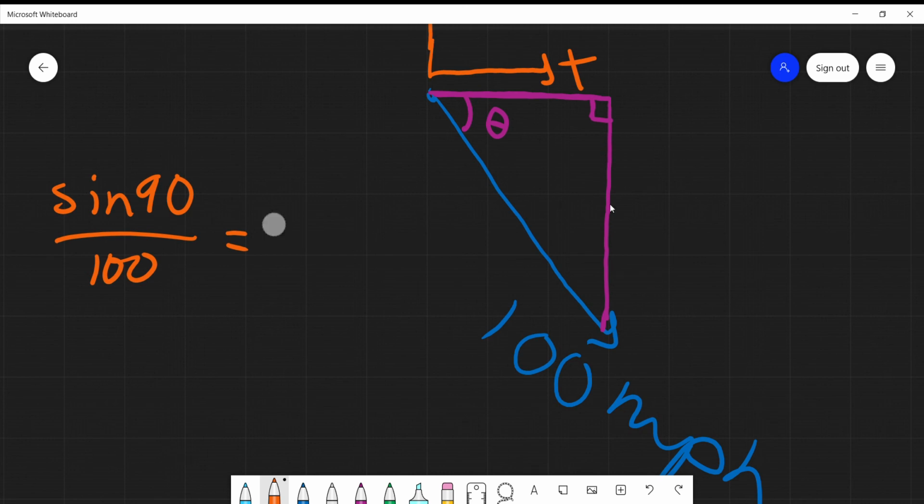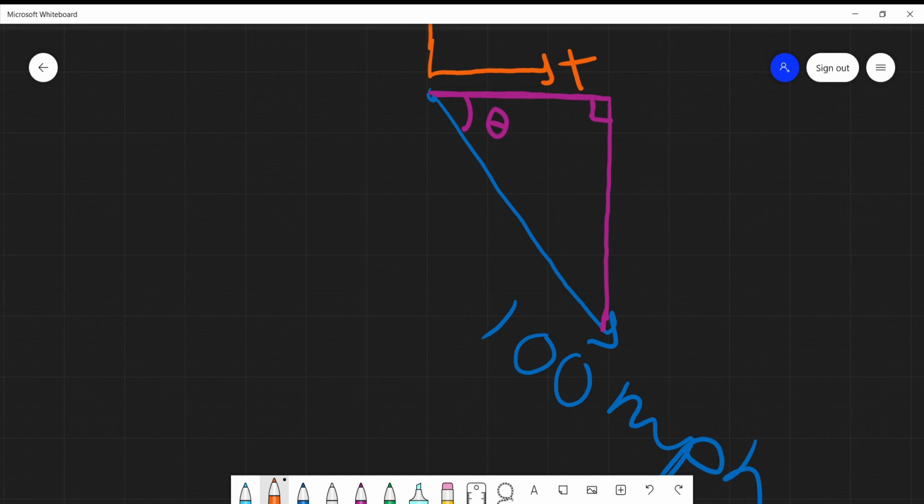We have to use the fact that I've drawn it to scale. So the vertical side of this triangle is 4 units long, and this one up here is 3 units long.